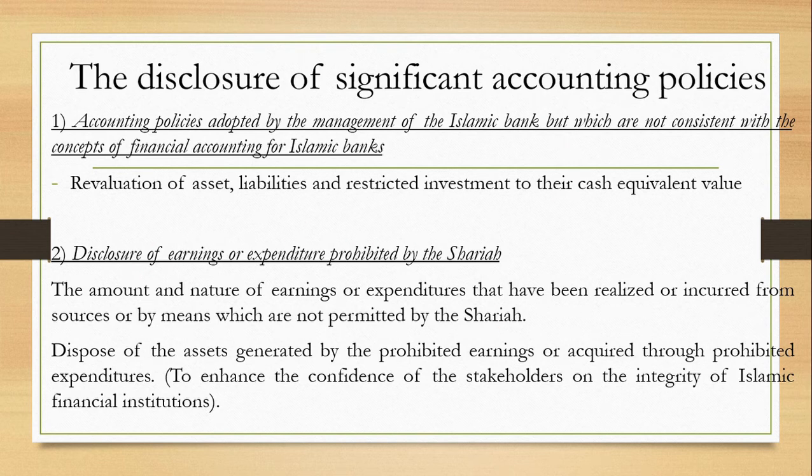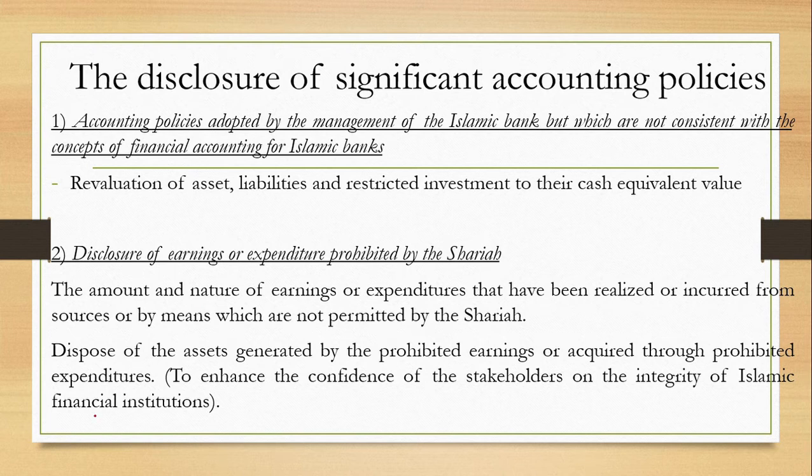For example, what is not permitted by Sharia includes expenditure or earnings that have elements of riba, gharar or gambling. So all of these prohibited transactions will be disclosed and it is needed under the IFIs standard.